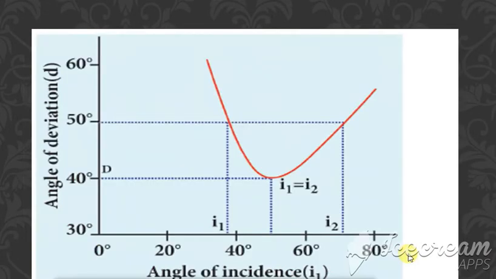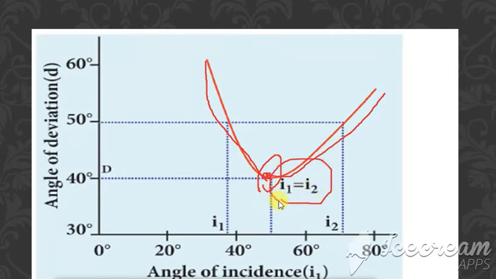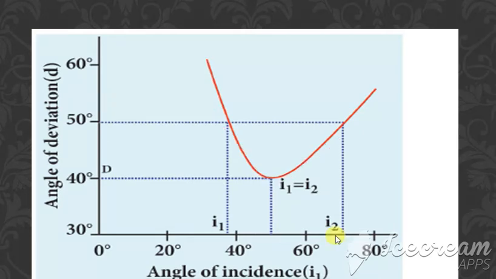Clear? So this is a graph which represents the angle of incidence and the angle of deviation. When you see here, it decreases until a particular point, but after that it begins to increase, and that point is said to be the angle of minimum deviation. At that point we can say that both the angle of incidence and angle of refraction are equal.